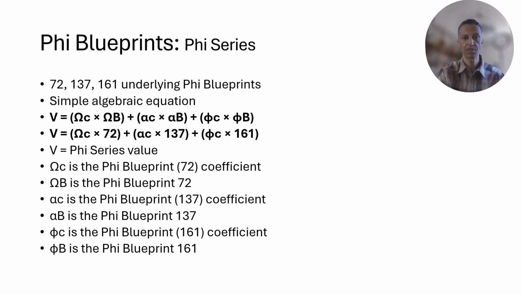We have three blueprints underlying all Phi series, 72, 137, and 161. And the values in the Phi series, including Lucas and Fibonacci, can all be derived from simple algebraic equations, where you simply have a Phi blueprint, you multiply by its coefficient, and then you add the Phi blueprint for 137 and its coefficient, and then you add the Phi blueprint 161 times its coefficient.